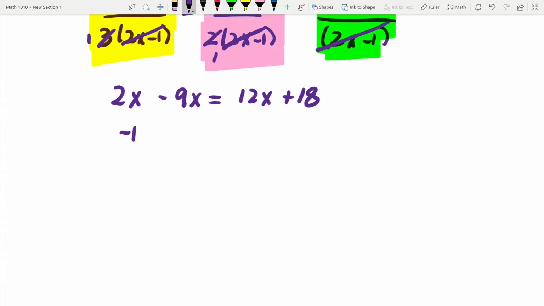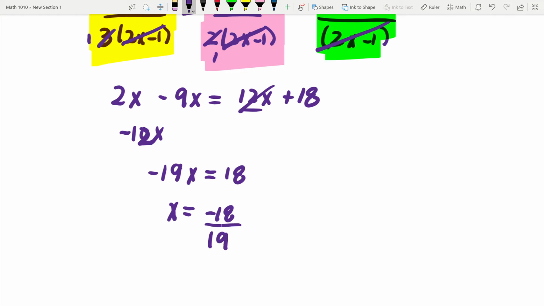So that becomes a negative 12x over there, right? So I have 2 minus 9, that's a negative 7. A negative 7 and a negative 12 is a negative 19x equals 18. Divide by negative 19, and I get negative 18 over 19.